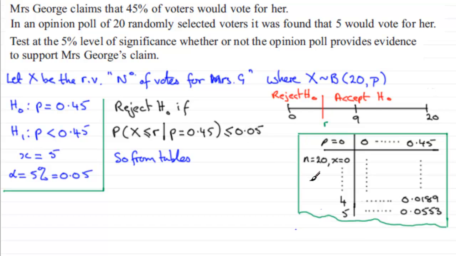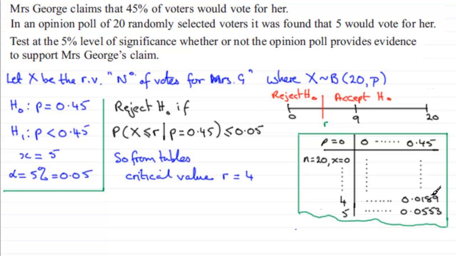You can see that in these tables it's going to be 4. 5 is just slightly more than our 0.05. So from tables we see that the critical value, which we're calling R, equals 4.